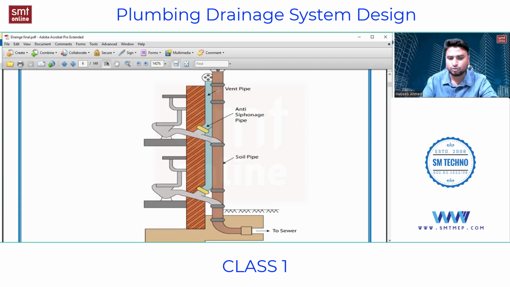Second thing, if the same vertical pipe is connected to the laboratory, wash basins, washing machines, floor drains or baths and all this, that is called wastewater. So if that wastewater is connected to a vertical pipe, that pipe is called a waste stack, or wastewater stack.